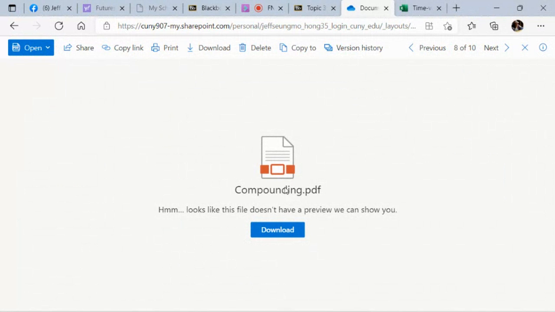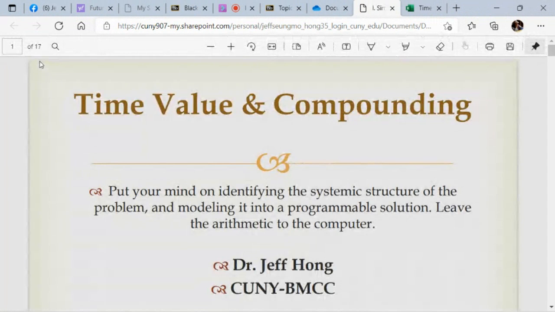You should just be able to open it. Okay, all righty.